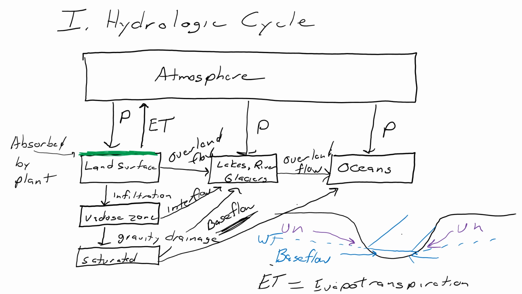You can get saturated flow into the ocean, also called base flow. Depending on where the sea surface is and where the water table is, you can actually have the ocean percolate water under the land in coastal areas.